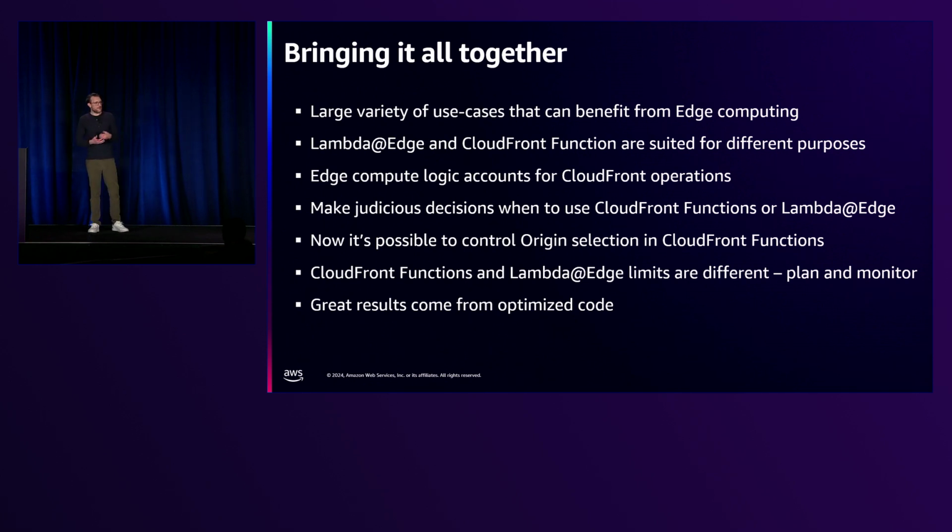We talked a little bit about some of the limits on both platforms and how you can work with those limits to make sure you can scale your applications properly. And then lastly, we talked about some best practices around optimizing your code to make sure you're getting the best performance out of the platforms.